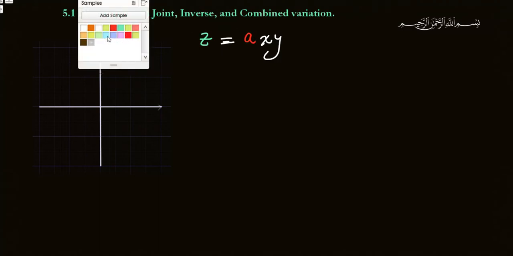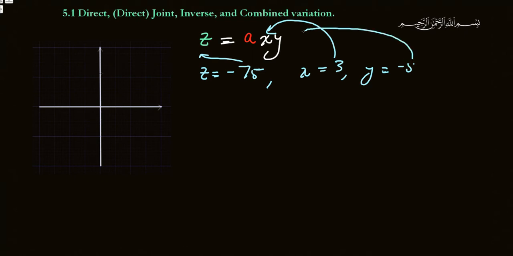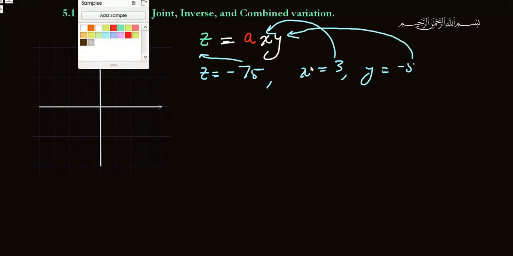So z is jointly related to x and y. And then it says when z is equal to negative 75, x is equal to 3 and y is equal to negative 5. Okay, that's the given information. So now you can substitute all of that.